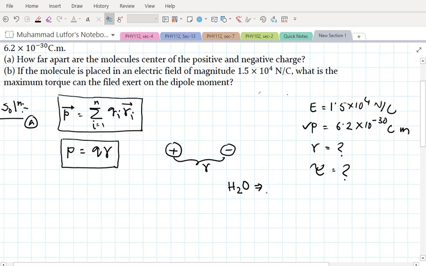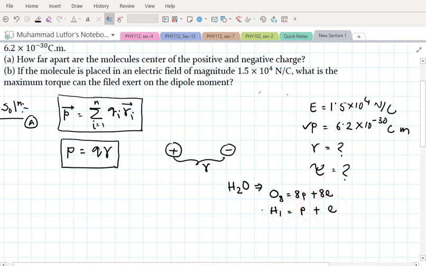For the oxygen atom, the proton number is 8, so there are 8 protons plus 8 electrons. For the hydrogen atom, the proton number is 1, so there is 1 proton plus 1 electron.